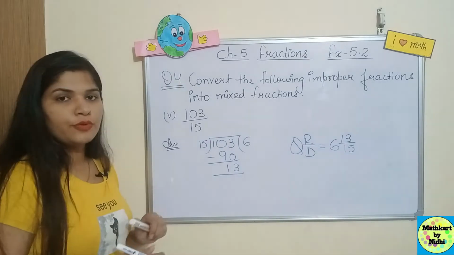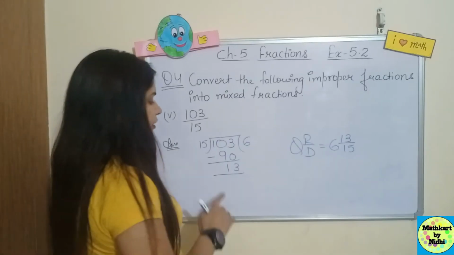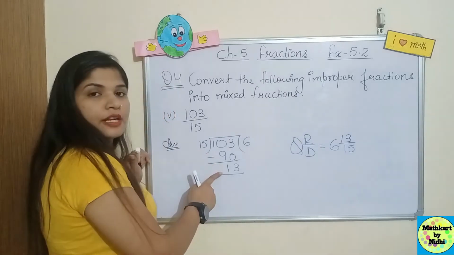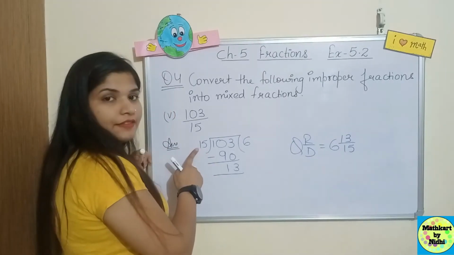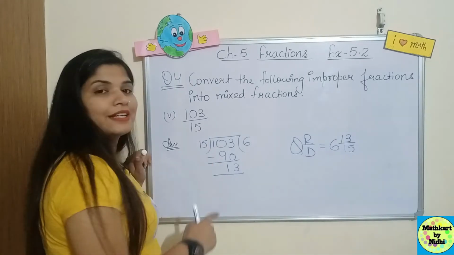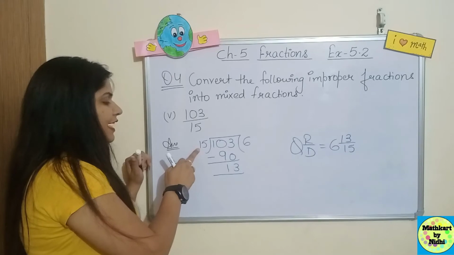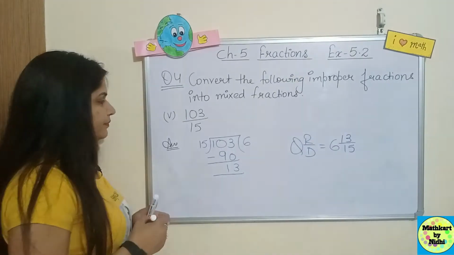Students, one more thing to note down: always check that the remainder cannot exceed the divisor, right? The remainder cannot be bigger than the divisor. So whenever you are performing a division sum, just check it. If your remainder is bigger than the divisor, that means you are doing it wrong.